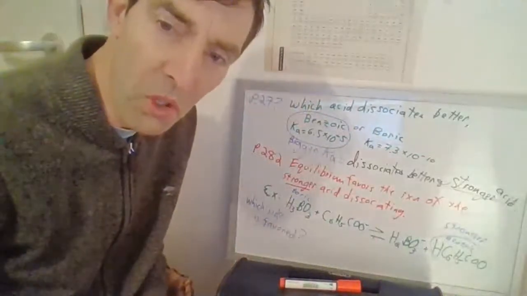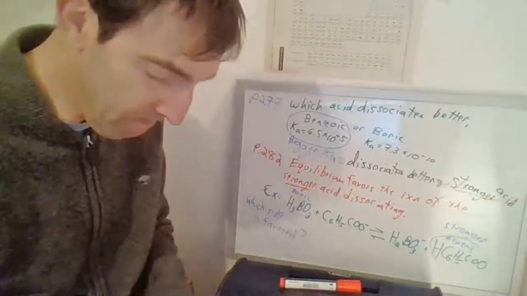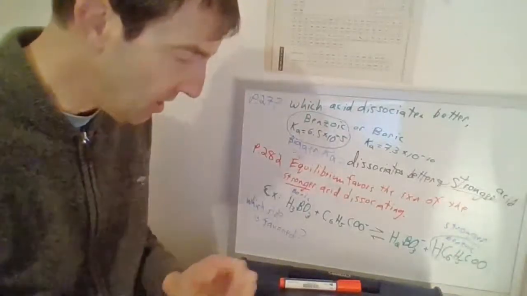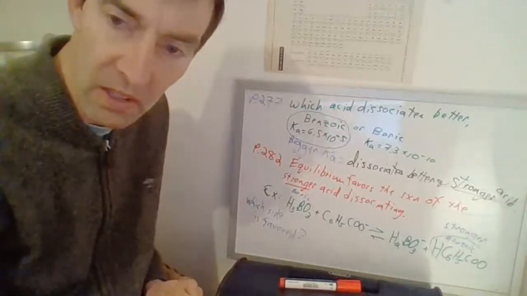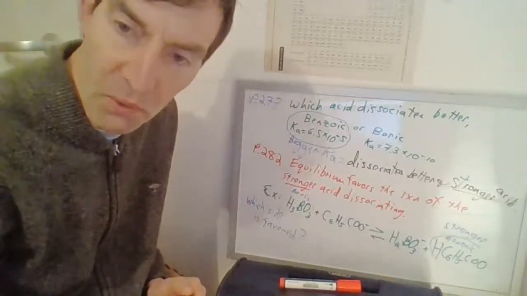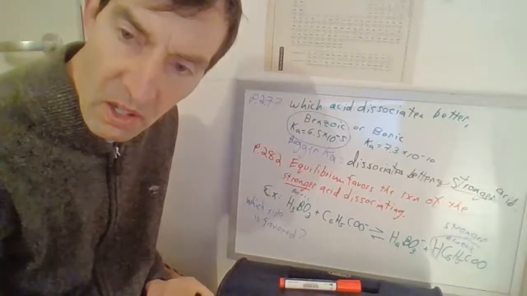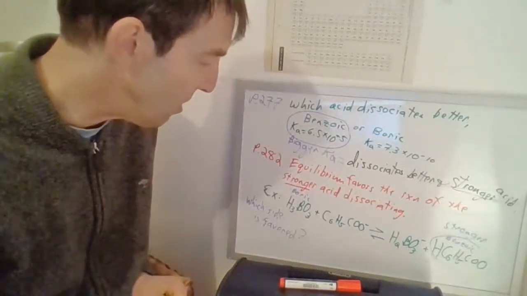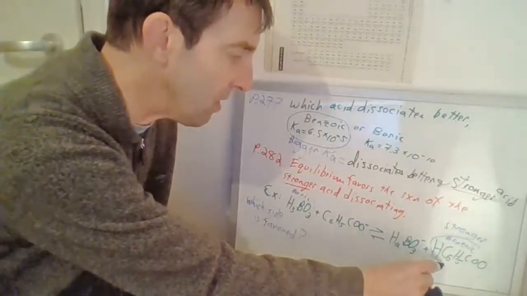So it's got to go towards the side to dissociate. Forward is breaking up. Well, what is it, Bella? The stronger one is this one.